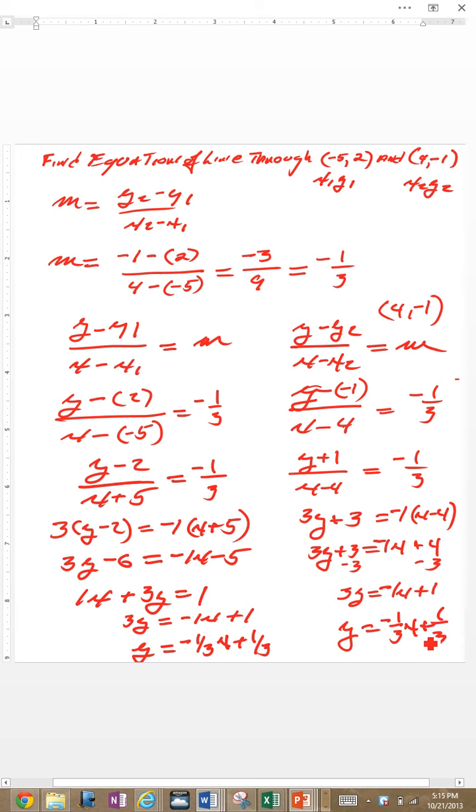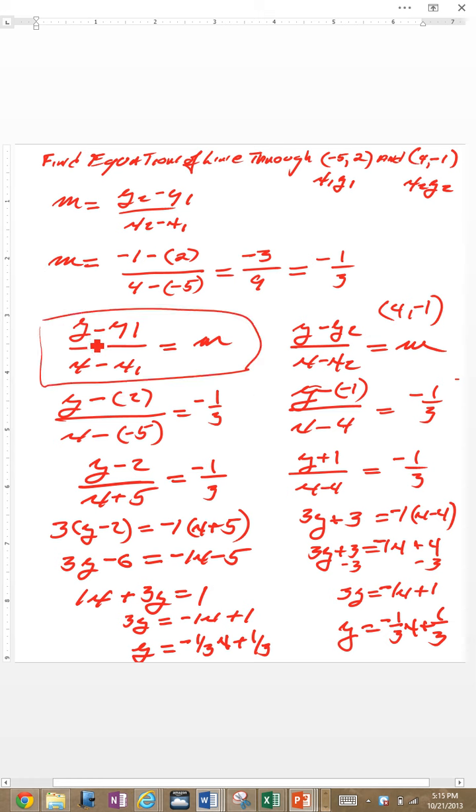So the procedure is not difficult at all. Take our 2 points, tag them as x1, y1, x2, y2, feed them into the slope formula, being careful of your signs all along the way. Remember, if you tag them, there's no question about which number goes where. Second time through, we take what I call the modified point slope form.